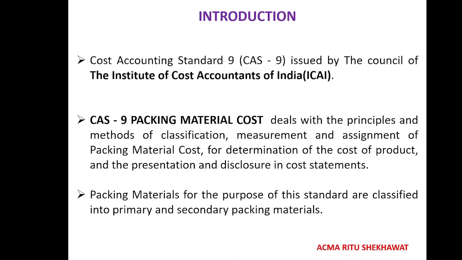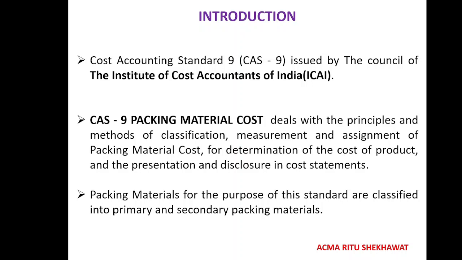When we studied the cost accounting standard on material cost, there was one point specifically described: that packing material cost is not included in the material cost. Why should it not be included?